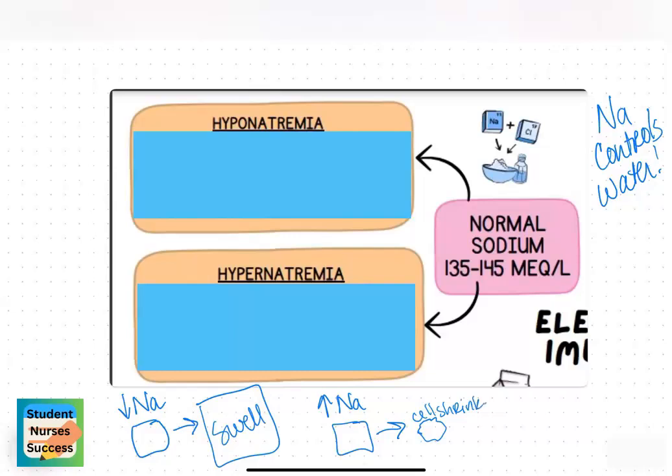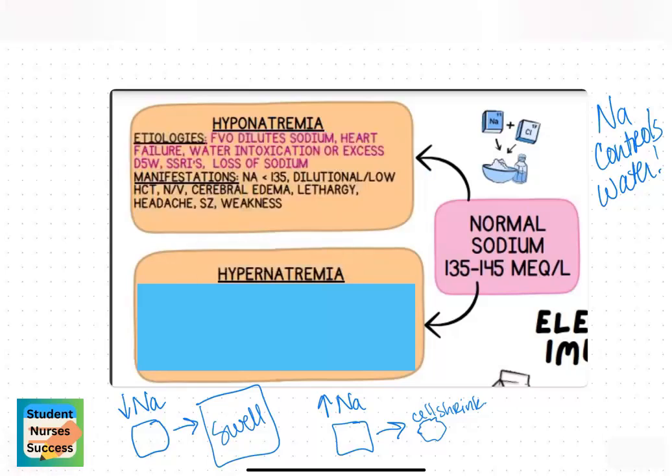Now let's talk more specifically about hyponatremia and the causes and manifestations. Causes of hyponatremia include fluid volume overload and anything that causes fluid volume overload, such as heart failure. Fluid volume overload dilutes the amount of sodium available.